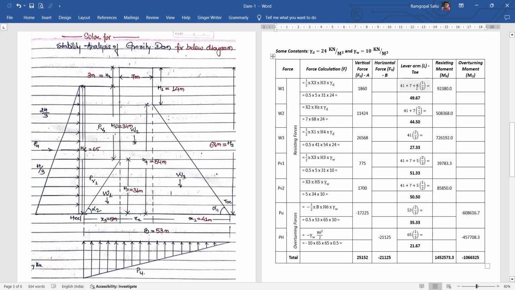It is nothing but the product of the lever arm and the force. So multiplying the force by the lever arm, we get the moments. So we have found all the moments, resisting as well as overturning. Now we have to sum all the forces as well as the moments, and this will be required for the further calculation.